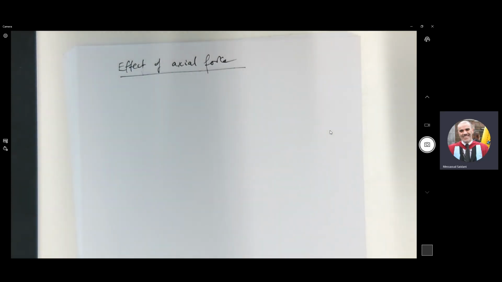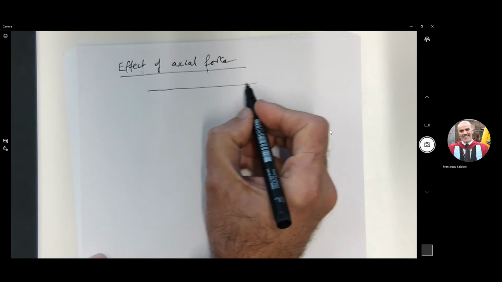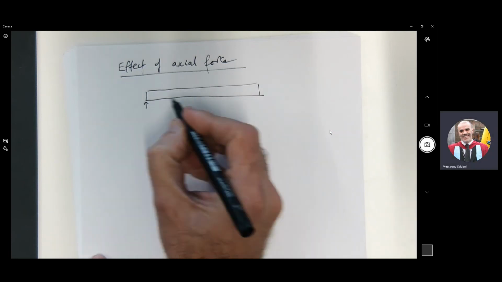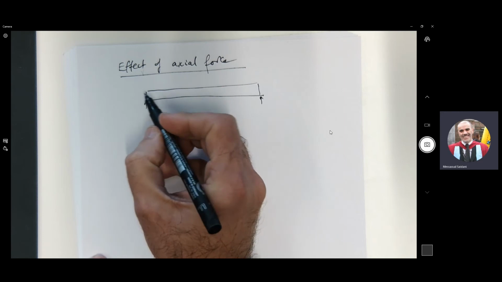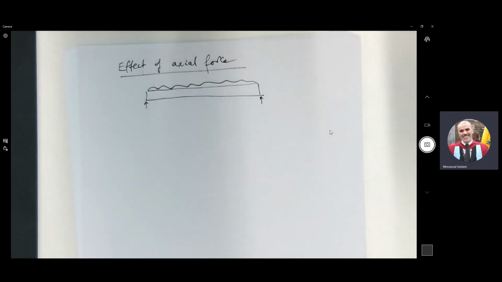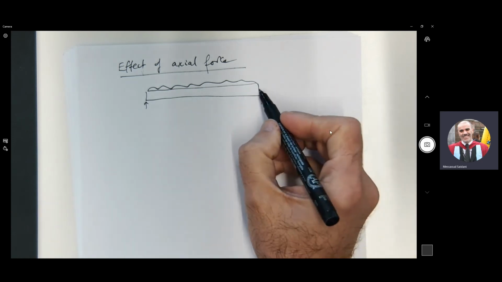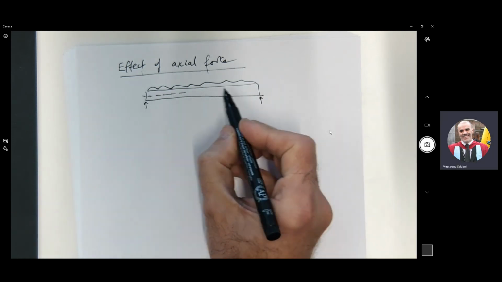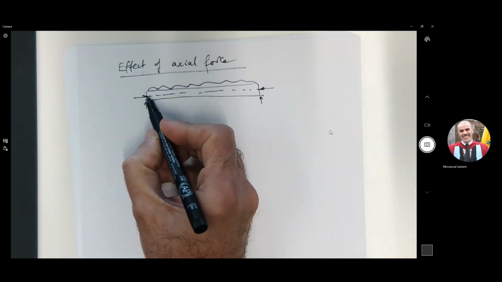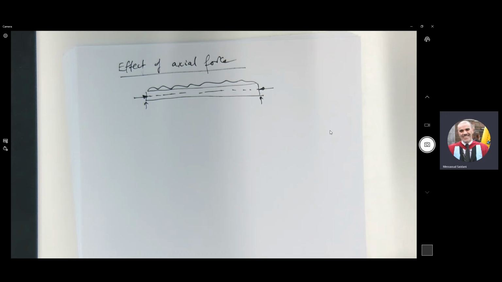All right. Okay, let's take a typical beam, like this. Let's say that the beam is simply supported and we have some uniformly distributed load. This is the neutral axis here. And let's say we have got some axial force there.